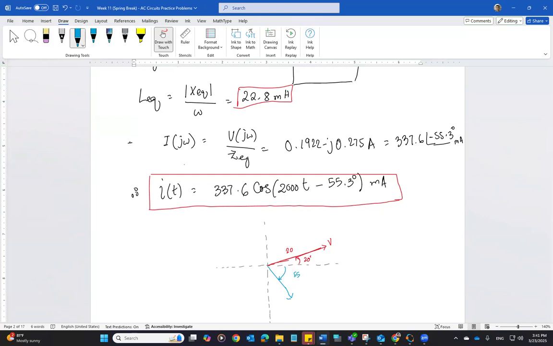If you want, you can show the negative sign, because negative sign represents that you are going clockwise direction from the x-axis. Positive sign represents that you're going counterclockwise direction. So negative 55.3 degrees is this, and this is your current I with the magnitude 337.6 milliamp.